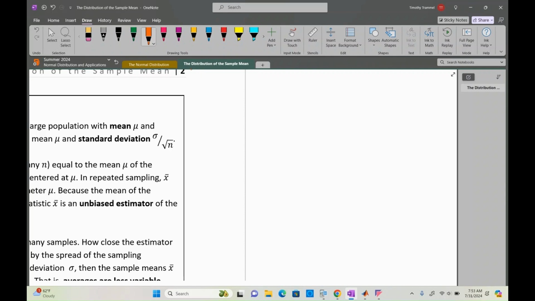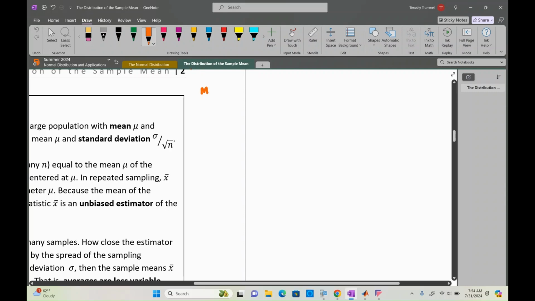Okay. So I'm going to say the mean of the sampling distribution, and I'm going to say of X bars to make it clear that the sampling distribution that we're looking at is the distribution of sample means. Okay.